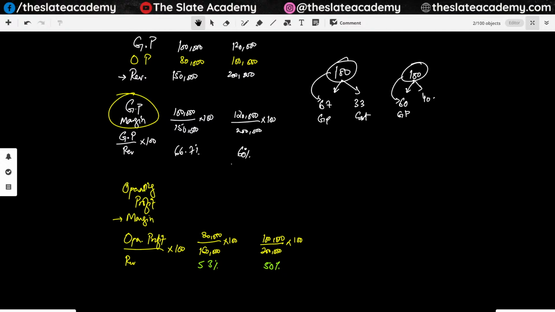For these two businesses, all the information that is required is there. You have to calculate gross profit markup, I repeat.